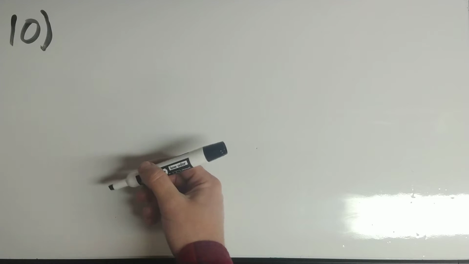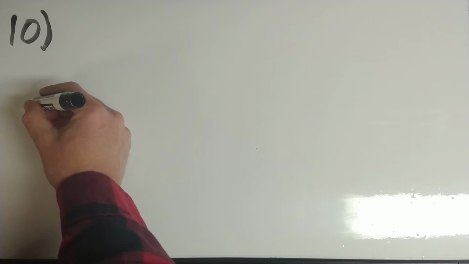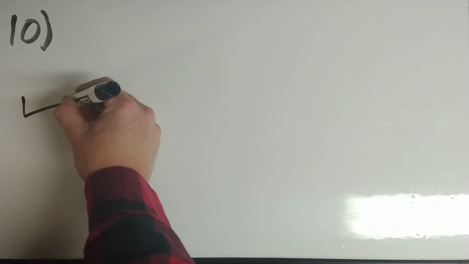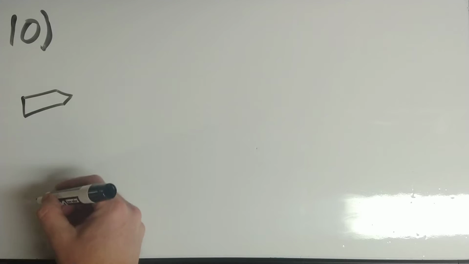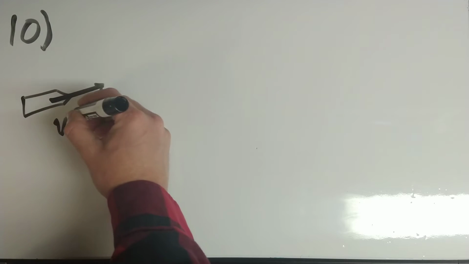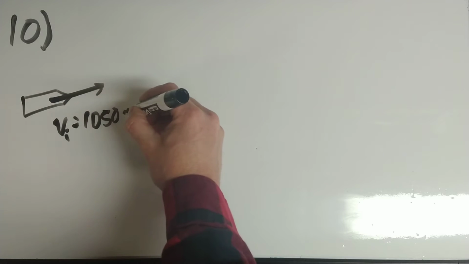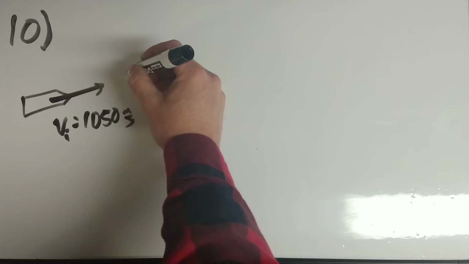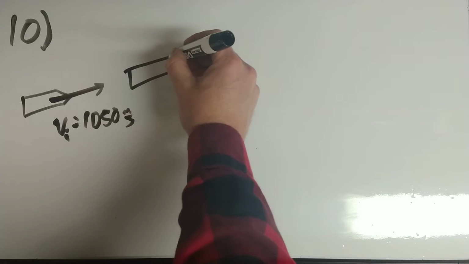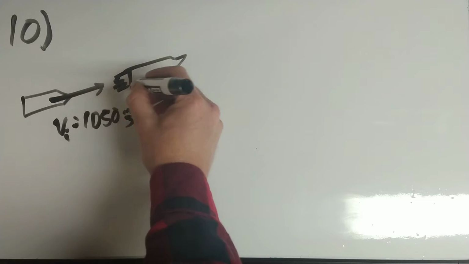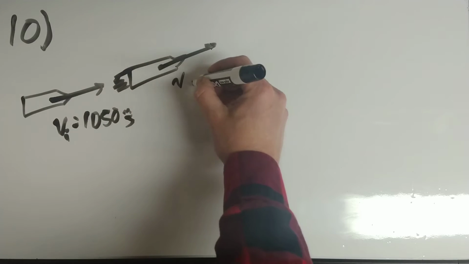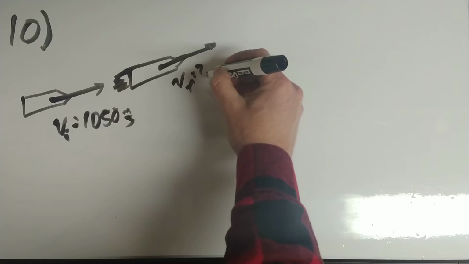All right, so first of all, maybe we draw what it looks like. Its initial velocity is 1050 meters per second. It's going to burn some fuel, right? And it's going to accelerate, and we want to find the final velocity.